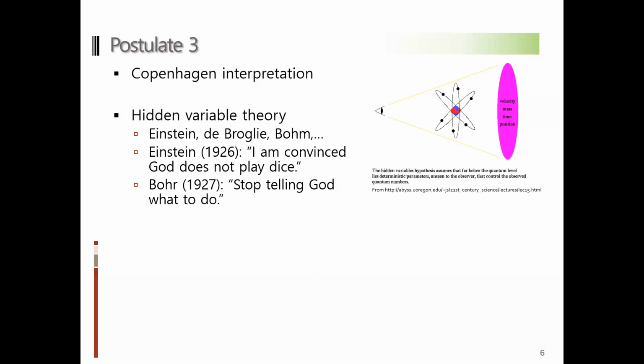So there is an additional variable which determines the result, but when you don't know about that variable, you might believe that it is just random. Hidden variable theory basically assumes that you cannot measure everything, but there is some unknown variable which we are not aware of, and that is the reason why we get such weird results.